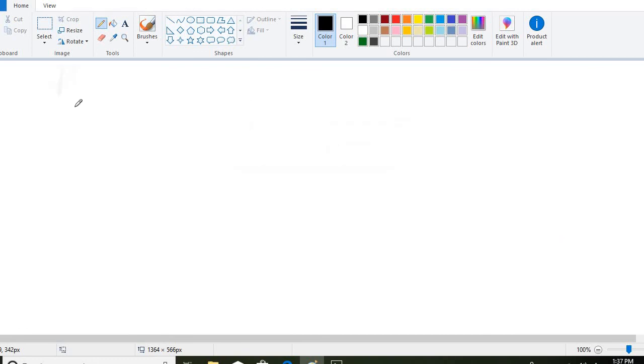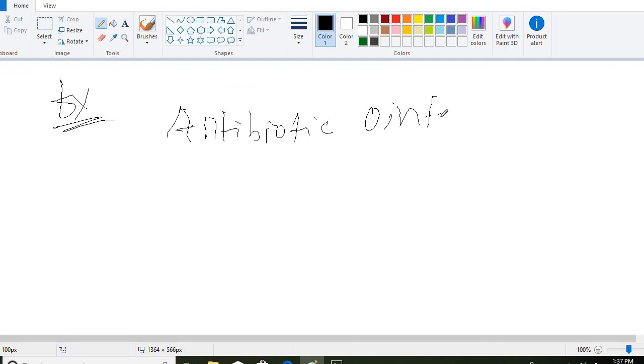Now coming to the treatment of blepharitis. Treatment includes eyelid hygiene maintenance, with removal of crusts by scrubbing the eyelid margin twice a day. Antibiotic ointments are used to treat blepharitis.